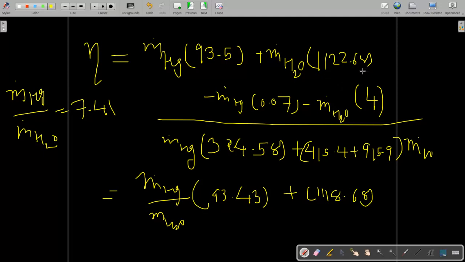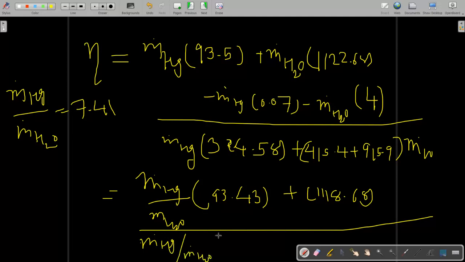Just subtract this from this, upon this ratio again, mass of Hg upon mass of water, and 324.58 plus this value, 415.4 plus 915.9.